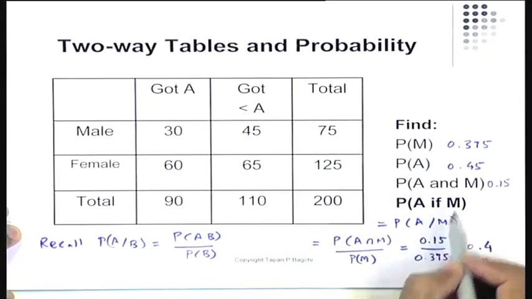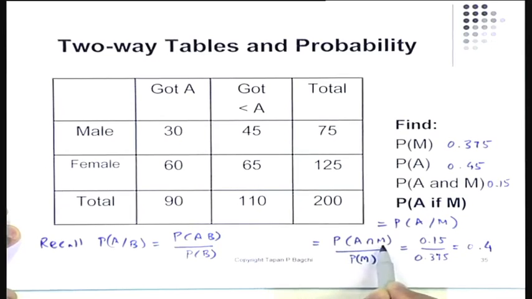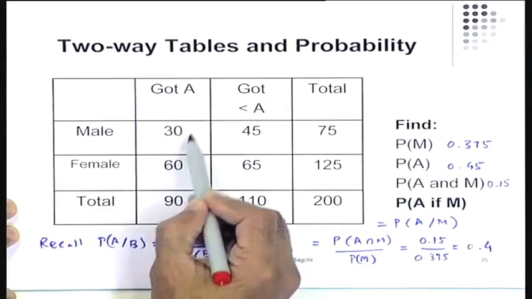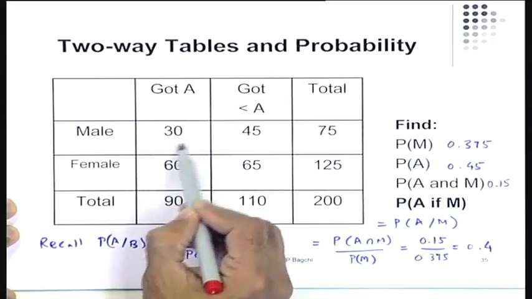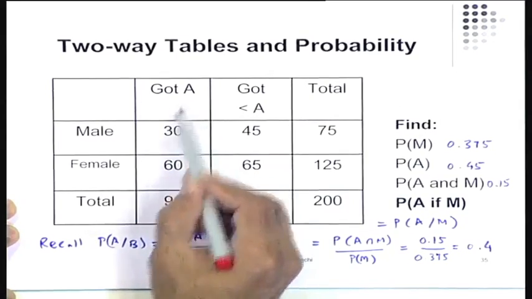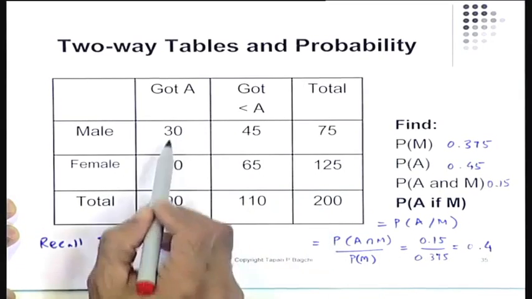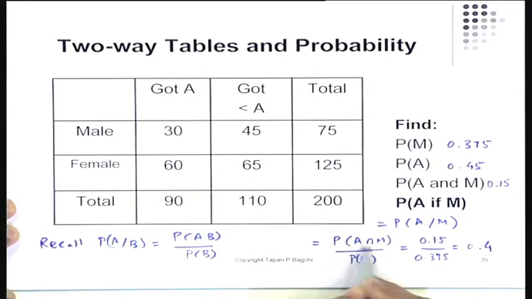Therefore, if I have to find the joint occurrence A and M, which cell is it? A and M is this cell. This is the cell that gives me the count of scoring A and also being male. So it turns out to be 30 divided by 200, that's the probability of A and M. That's 0.15.